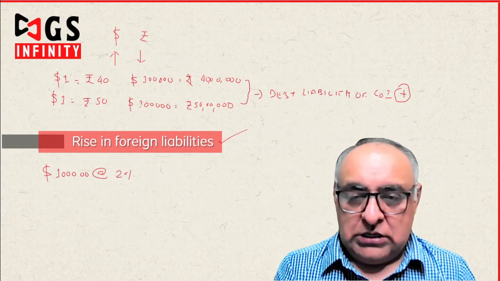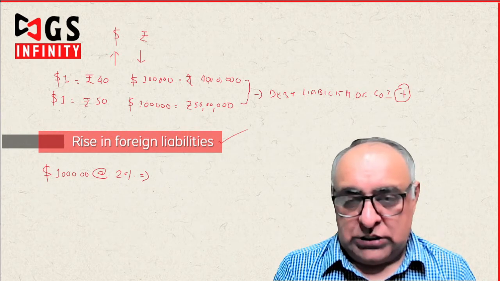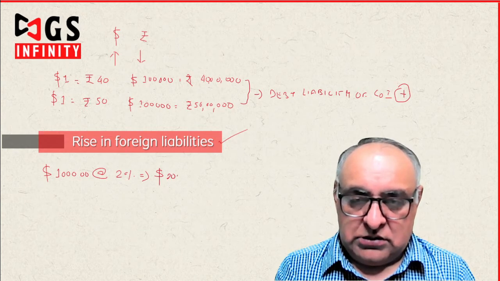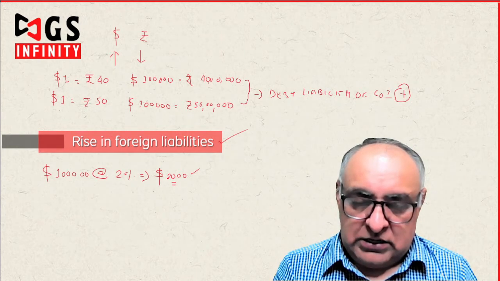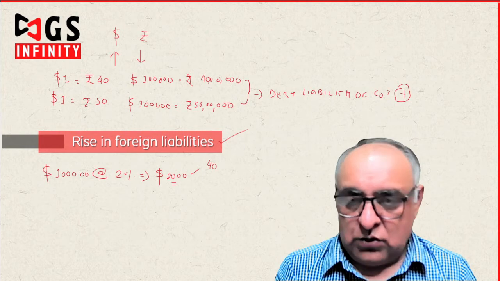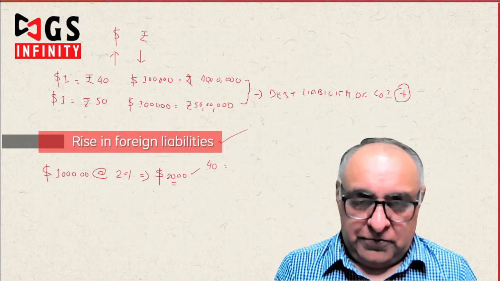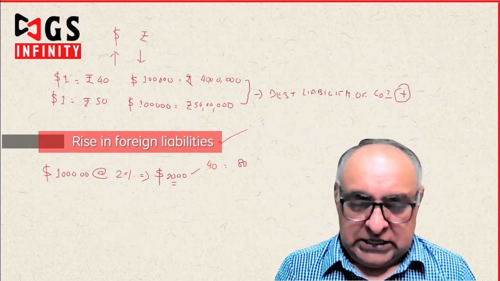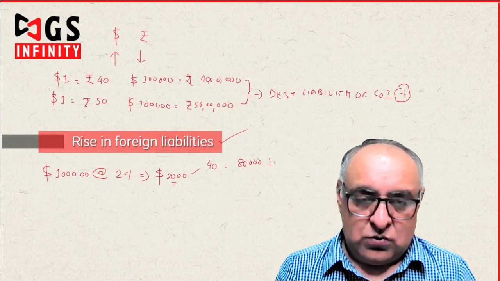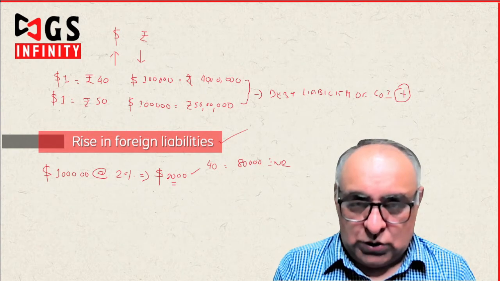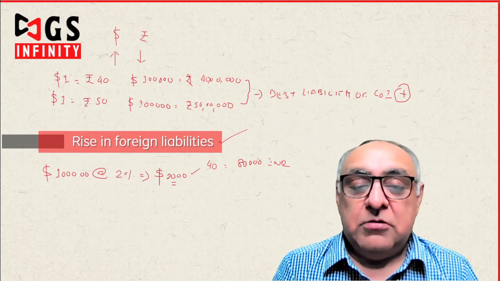It means every year the government would have to pay $2,000 as interest. So when the exchange rate was $1 equal to 40 Indian rupees, the total liability of the government as far as the interest payment was concerned was equal to 80,000 Indian rupees. So that was the total liability on account of interest payable to the foreign lender by the Indian government.